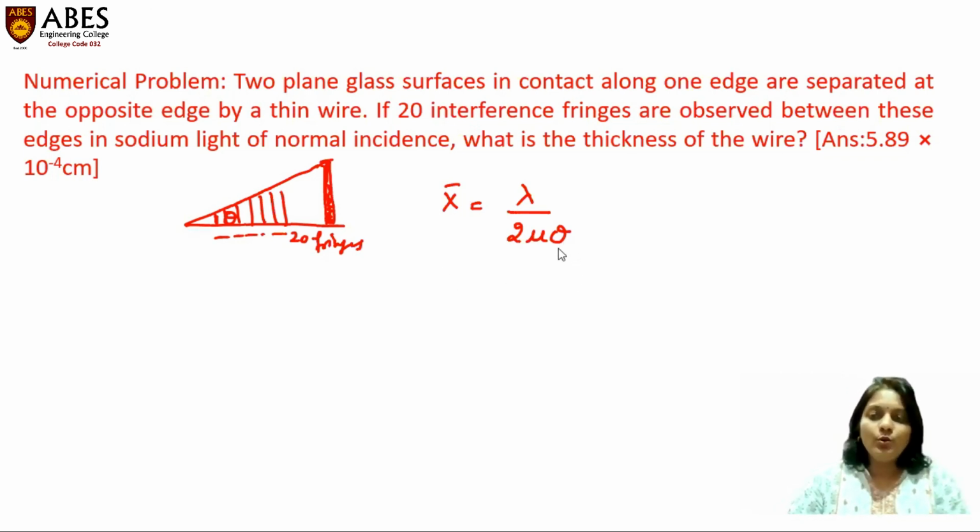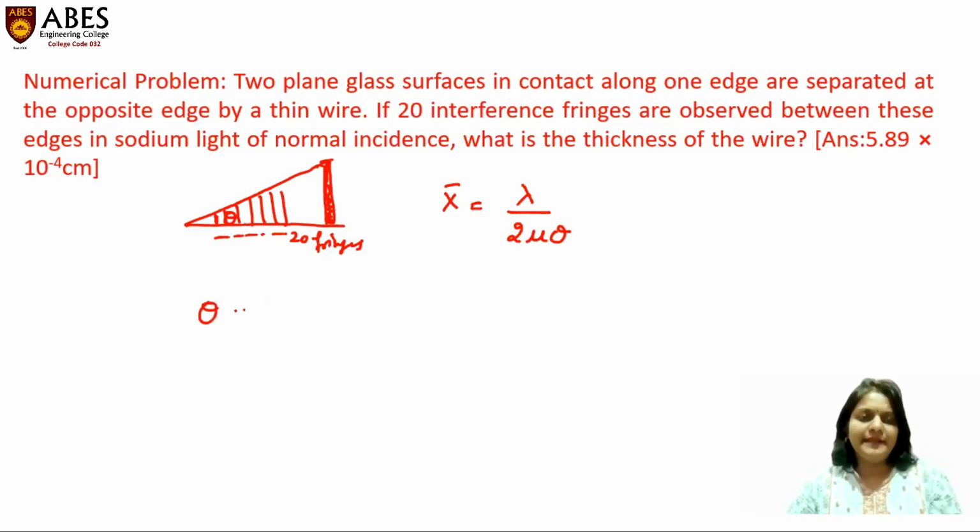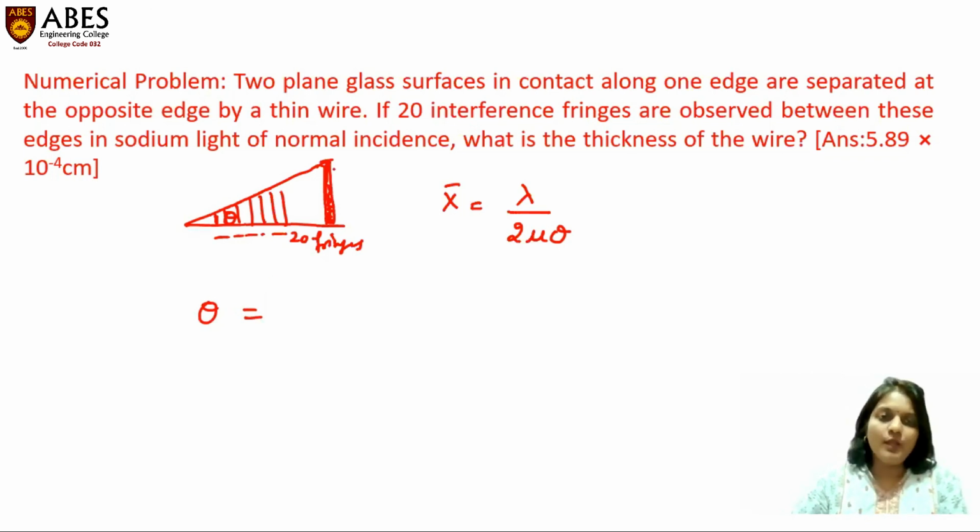Now no theta is given, so find theta. We know that we can write tan theta as theta if theta is very, very small. Tan theta is equal to perpendicular upon base. So perpendicular is the thickness, which is T. And one fringe has the width x bar.